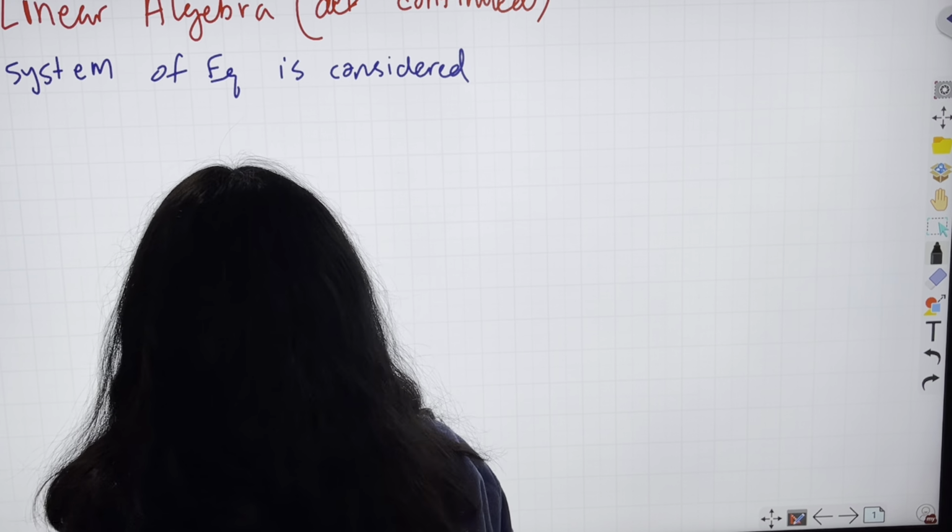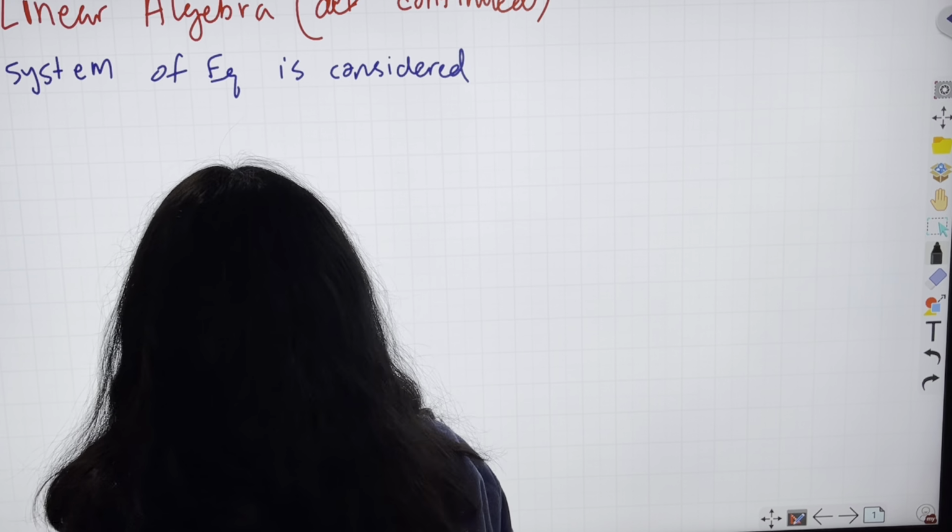Okay, and when I say at least one solution, I mean either one solution, or you might expect 2 solutions, 3 solutions, 4 solutions, but no, it's actually one solution or an infinite number of solutions, because there is nothing in between, and we'll see through analyzing these graphs of lines in just a second.